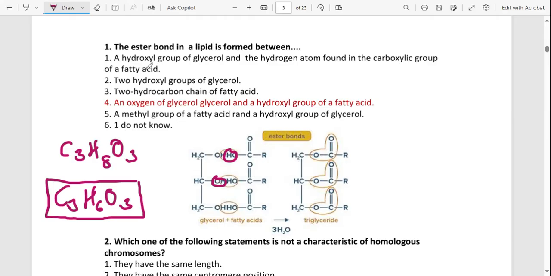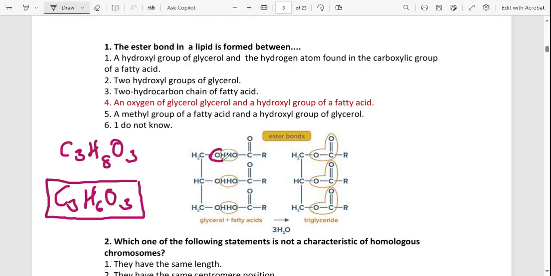You can see this is opposite, right? Hydroxyl group is not coming from glycerol, but it's coming from the fatty acid. And then the hydrogen is not coming from the carbon atom found in carboxylic acid, but is coming from glycerol. So that option is not correct. And then option 2 is saying 2 hydroxyl groups, and you can see the functional group is not between 2 hydroxyl groups of glycerol.